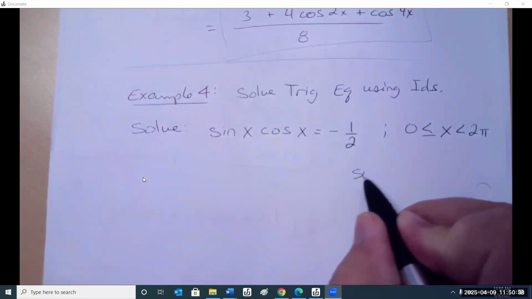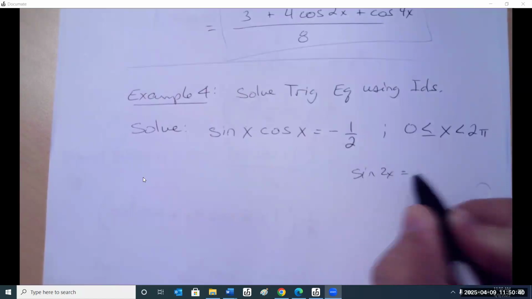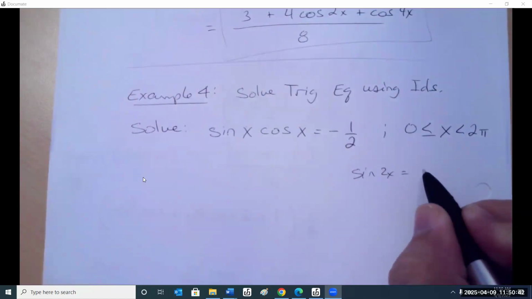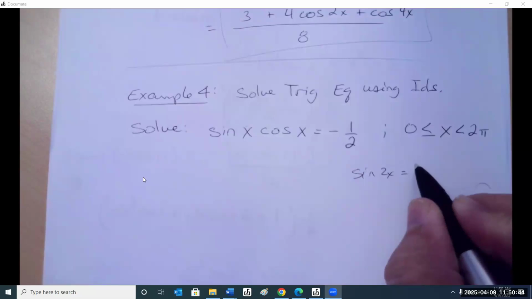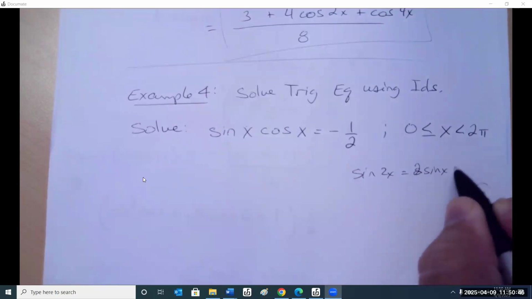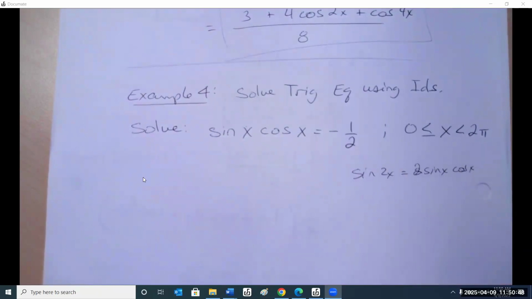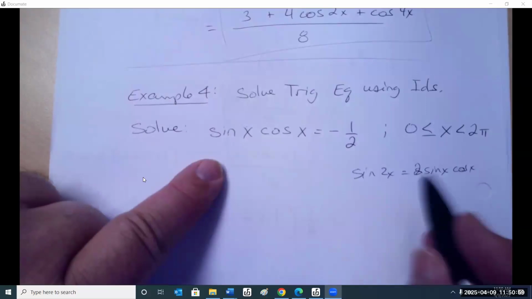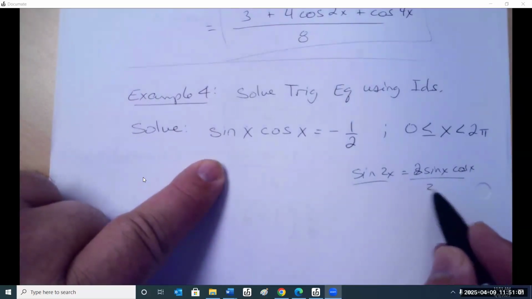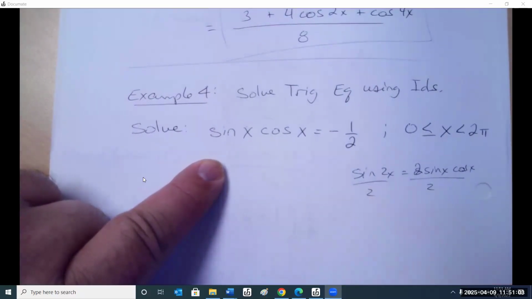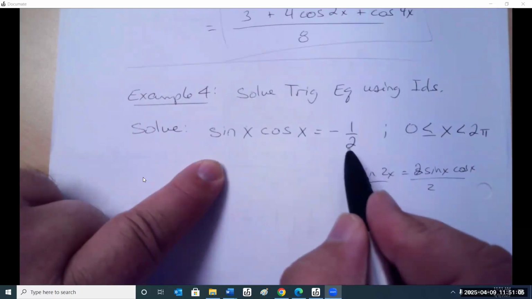We know sine of 2x is equal to our 2 sine x cosine x, right? Or is that sine squared? Sine 2x is equal to that, right? You're right. This is half. Well, there's that 2 there.